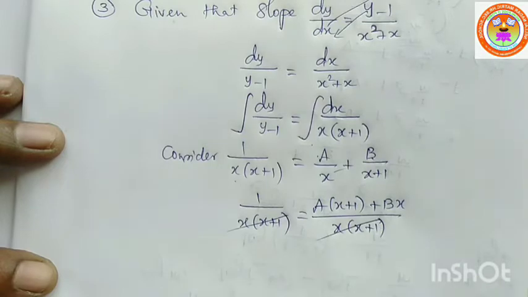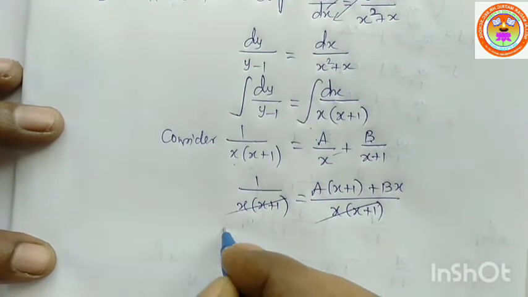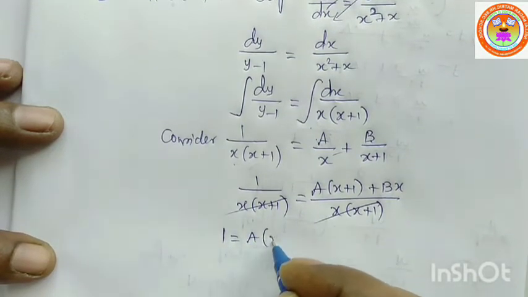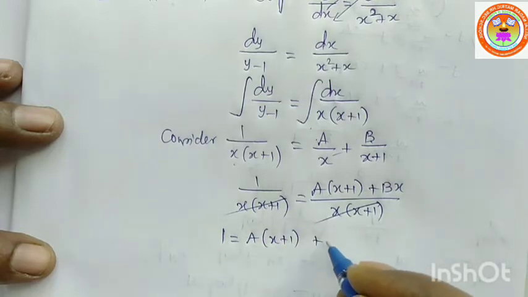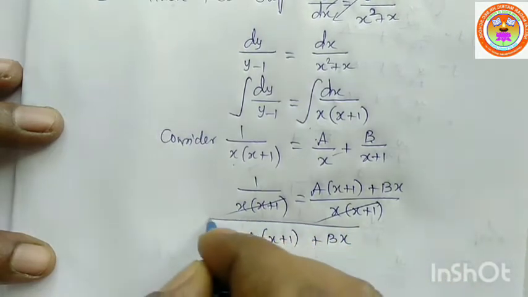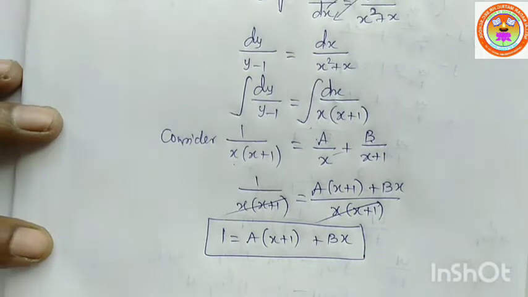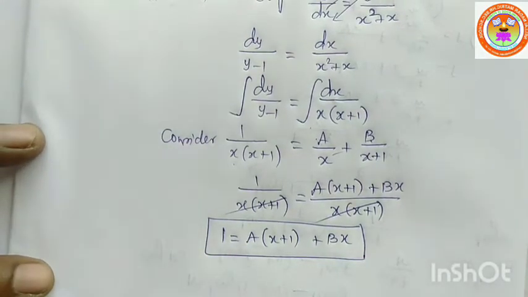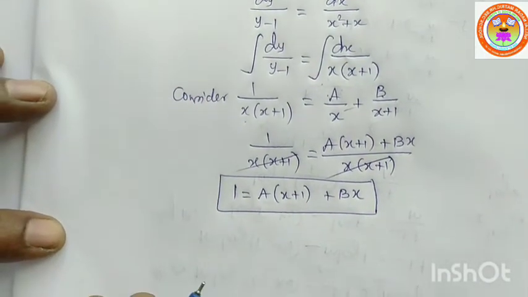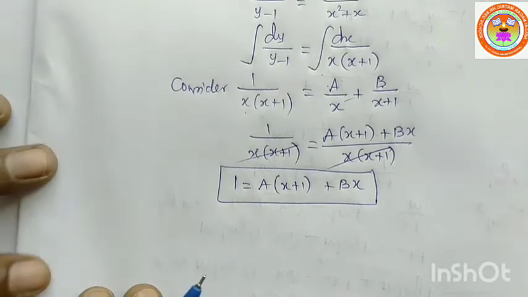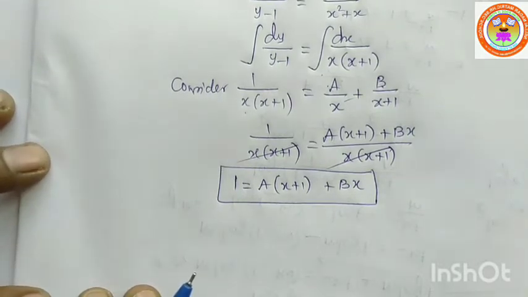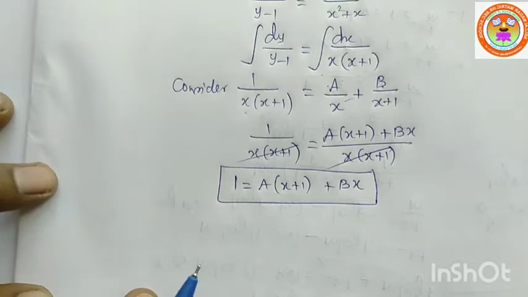Cancel the common terms. So we are having now 1 is equal to a into x plus 1 plus b into x. So from this relation we have to find out the terms a and b by applying different values for x.